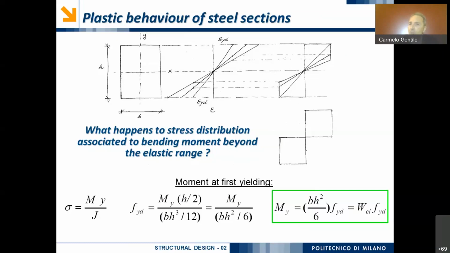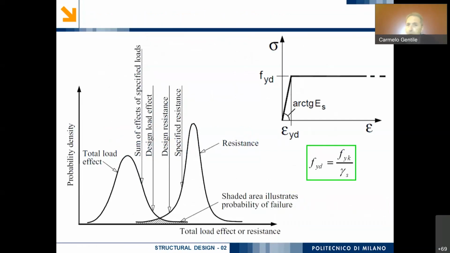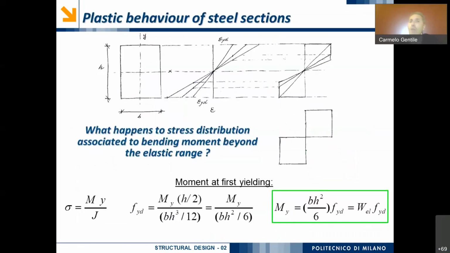So if every cross section, in steel or in reinforced concrete, rotates remaining plane, what we have to do in order to understand what happens beyond the elastic range is to increase the rotation of the cross section in order to obtain the strain profile, and then use the relationship between stress and strain in order to evaluate the increase in the bending moment, of course, but also the changed behavior of stresses in the plastic range.